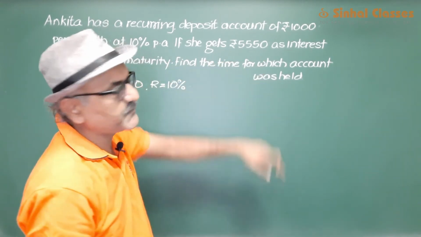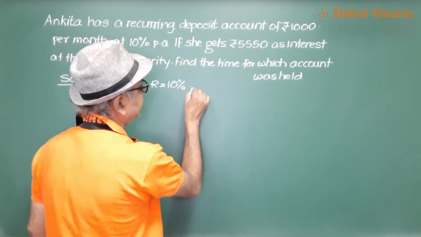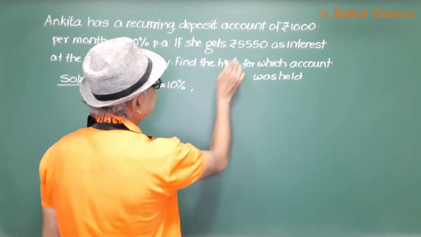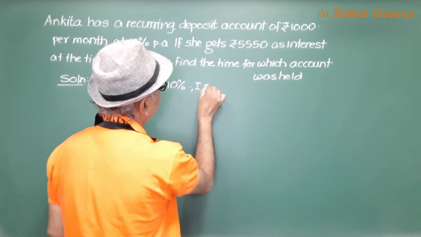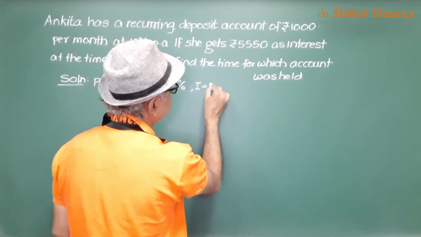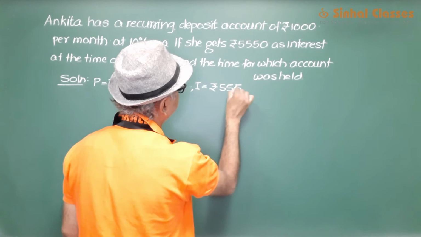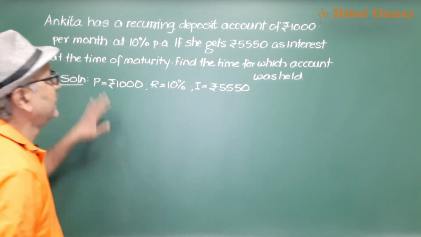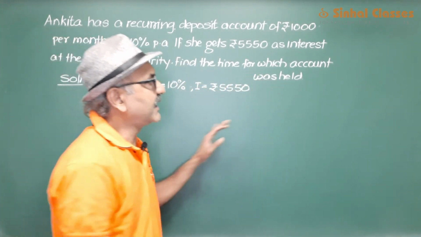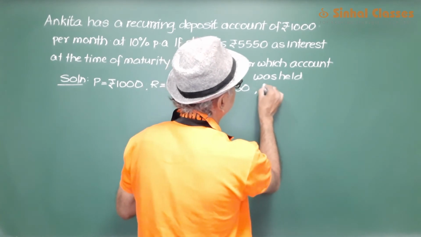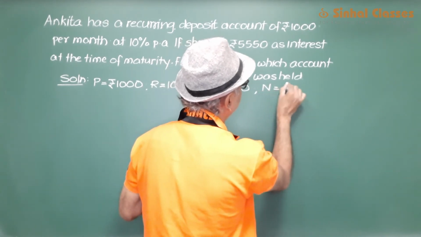If she gets rupees 5550 as interest, so interest is 5550. Find the time for which the account was held. We have to find out N.